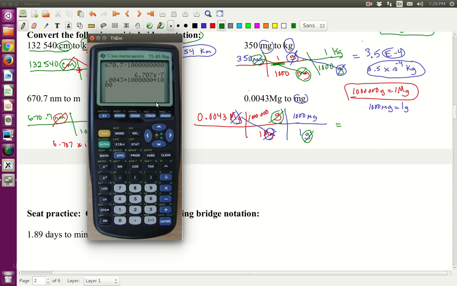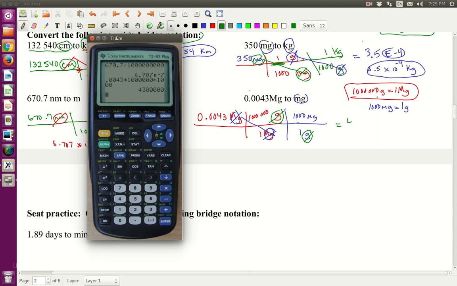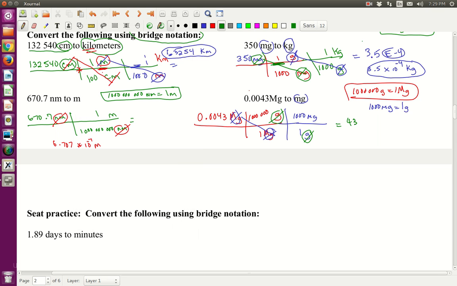Now, if it's at the top, you're multiplying these to each other. If it goes below, you divide it. So enter. And so the answer is, let me look at it again, 43 with 1, 2, 3, 4, 5 zeros. 43, 1, 2, 3, 4, 5. Now, this is milligrams.